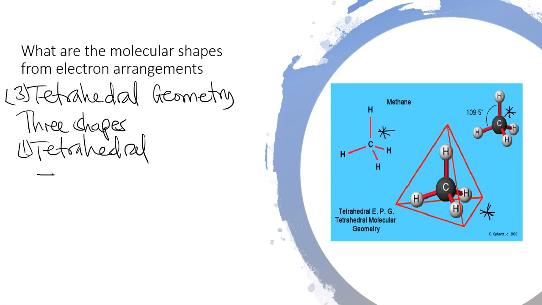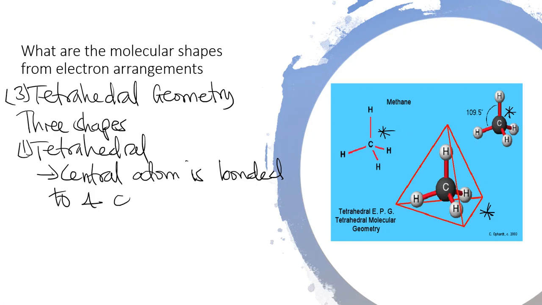In this shape, the central atom is bonded to four, so the central atom has formed four chemical bonds.